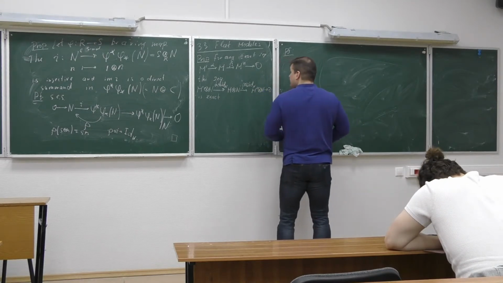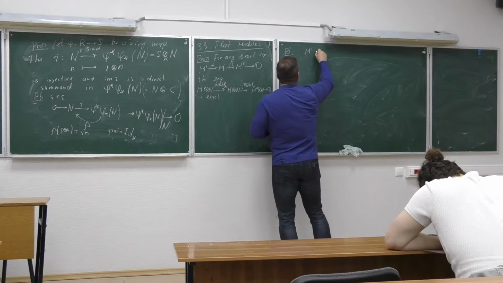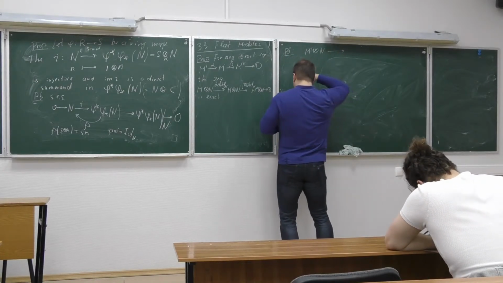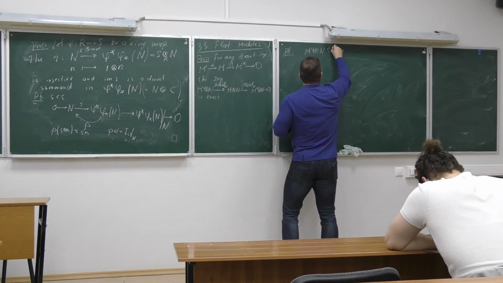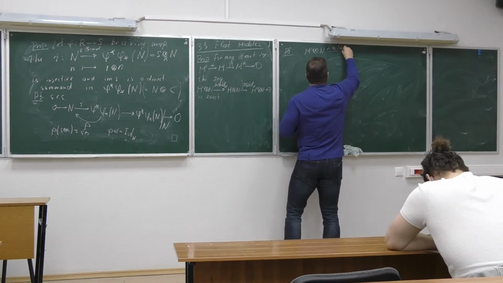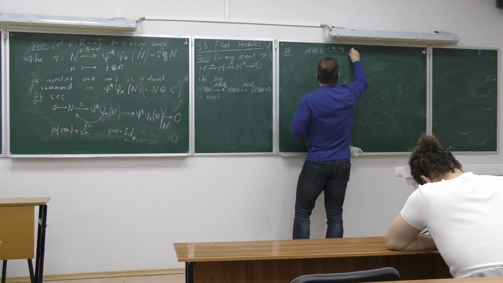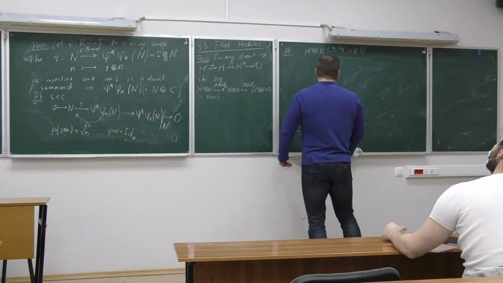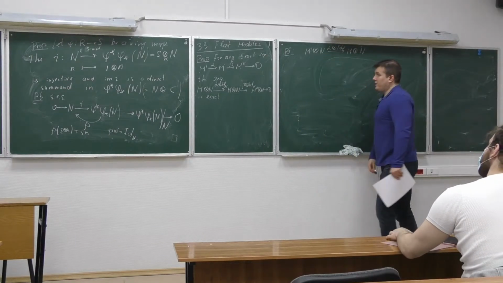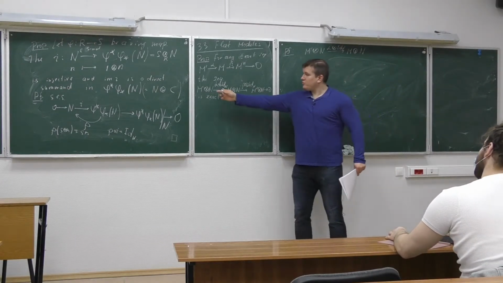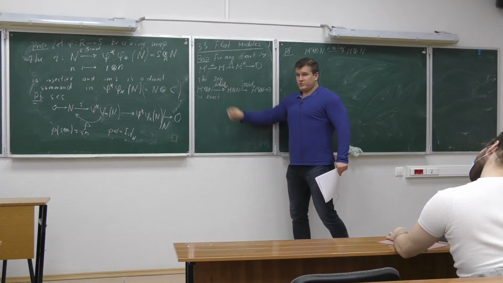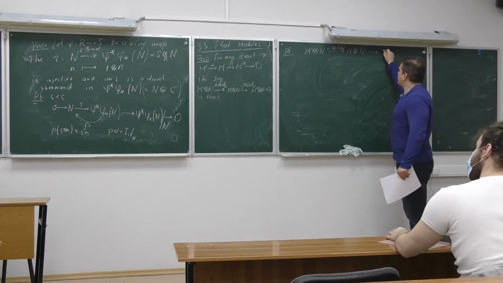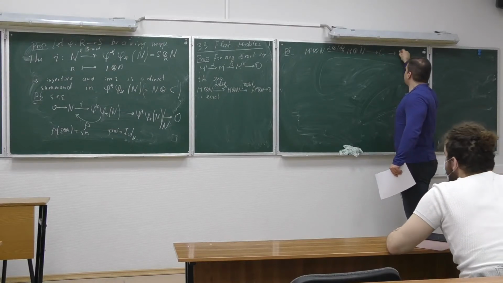Okay, so I'm going to start with this second diagram. There is a map here which is alpha tensor the identity on N. So I just take part of this diagram: the first two modules and this map between these two modules. And then I complete this to a short exact sequence.